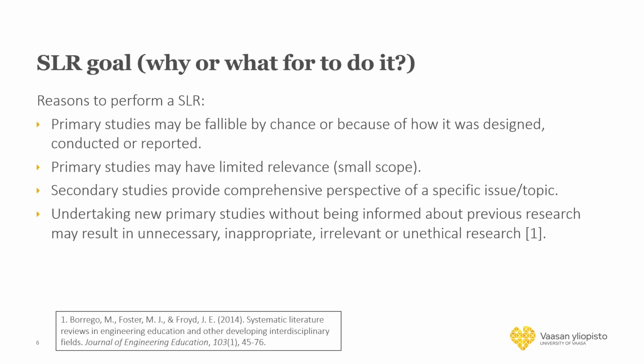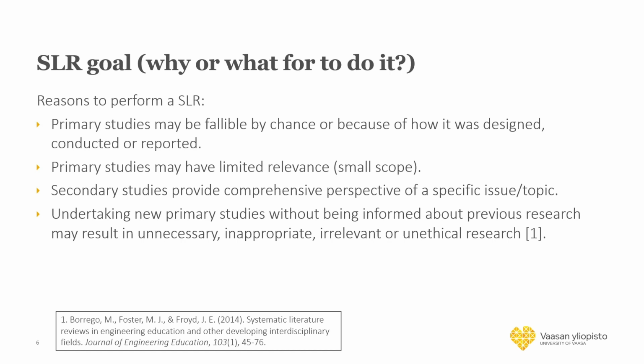They can also be limited in how they were designed or conducted. Primary studies usually have a small scope. They are focused on one specific area with one specific topic and one specific methodology to solve that problem.